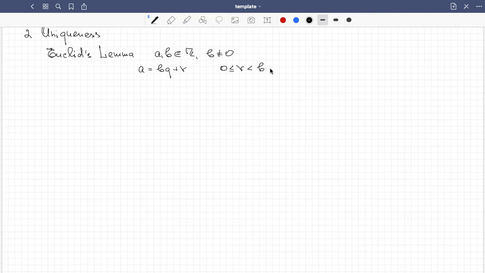Euclid's lemma allowed us to prove an important property of the greatest common divisor. So with Euclid's lemma, we proved an alternative characterization of the greatest common divisor.